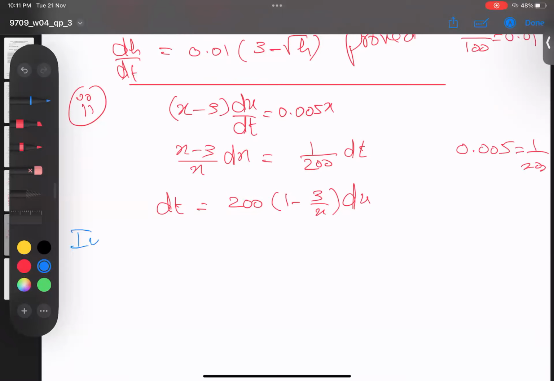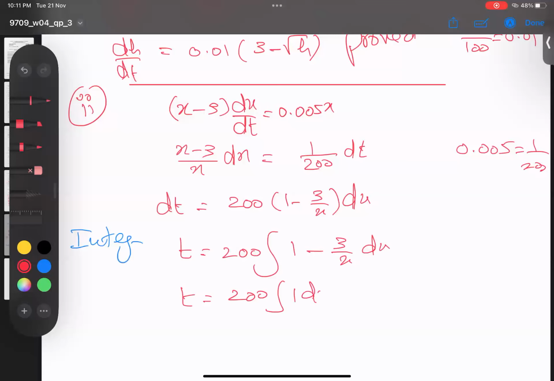So integrate both sides. When I integrate the left side, I get t. The right-hand side I will show you like this: 1 separate, 3 by x separate, and dx separate. So 200, what is the integration of this? Maybe some students are having issues, so I do it separately. 1 dx separate, and this 3 will go out.